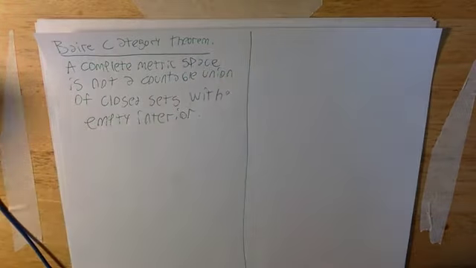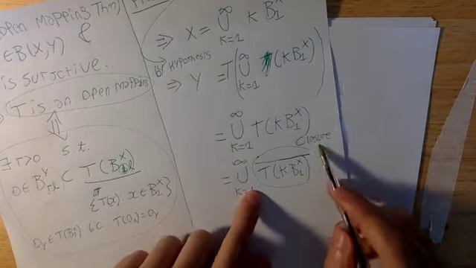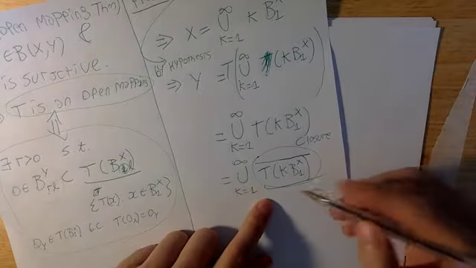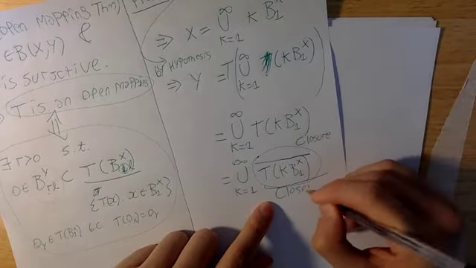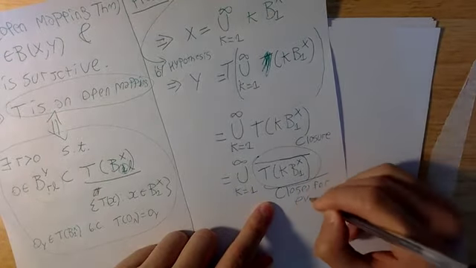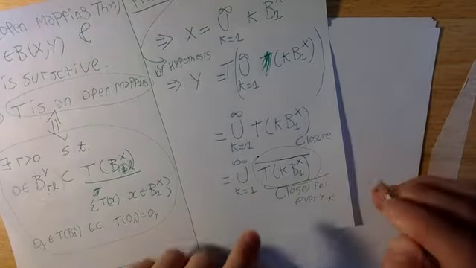Okay, so here we have a countable union of closed sets. So these are closed for every k.